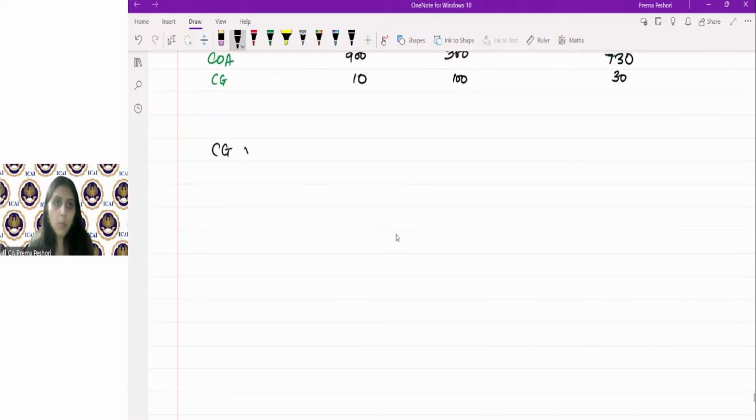Capital gain versus business income. This is under CBDT circular number 06 of 2016.